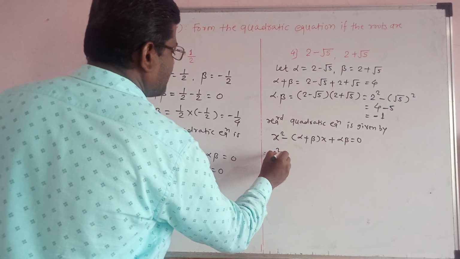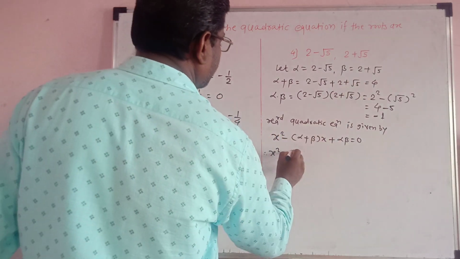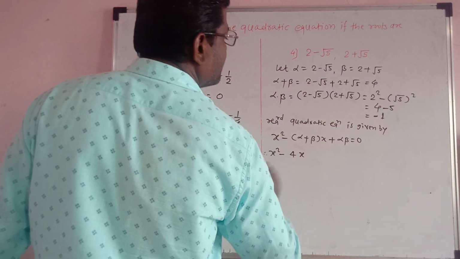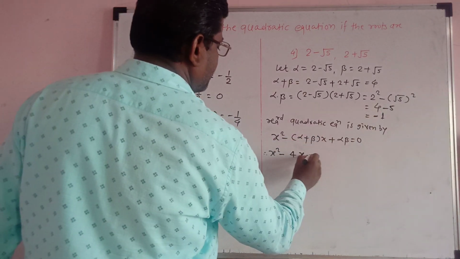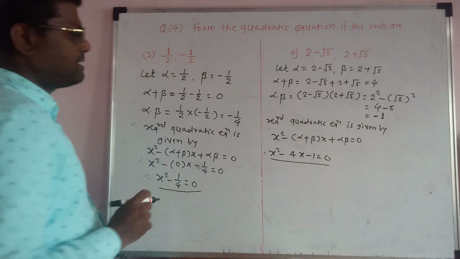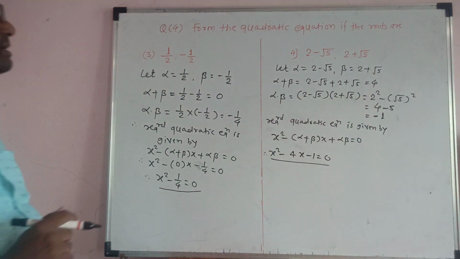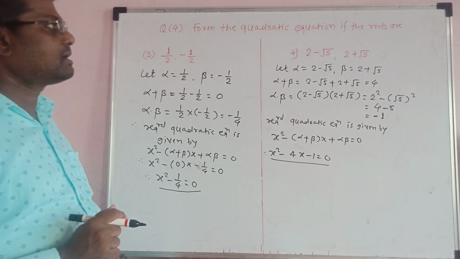Therefore x square minus 4 into x plus alpha into beta is minus 1, so minus 1 is equal to 0. x square minus 4x minus 1 is equal to 0 is the required quadratic equation.